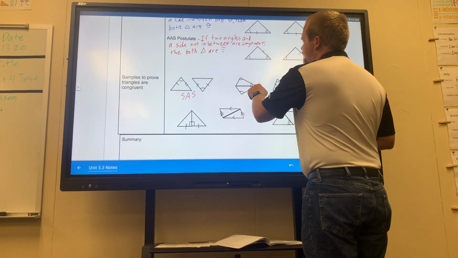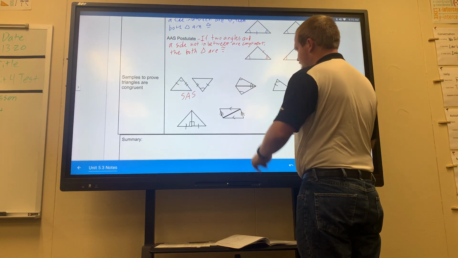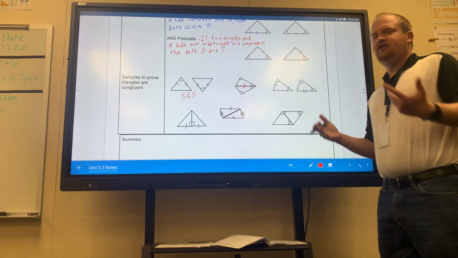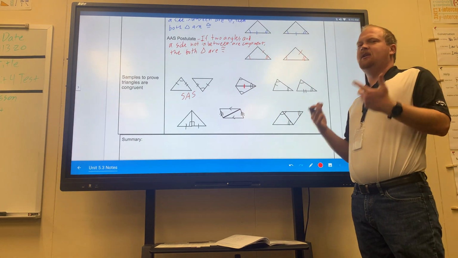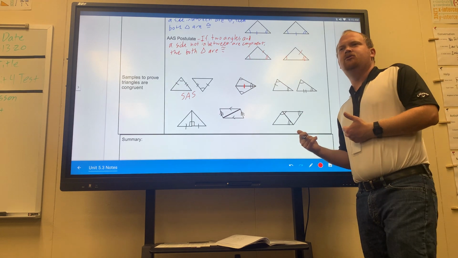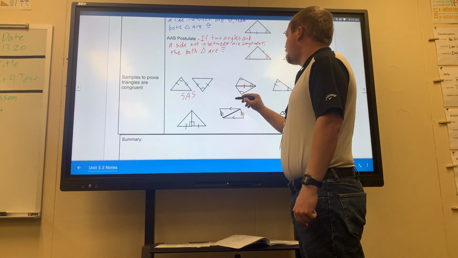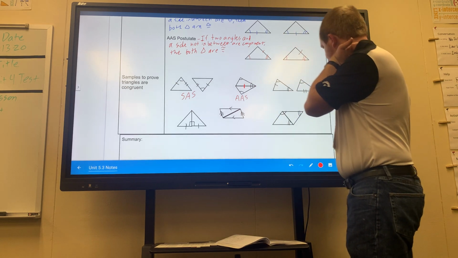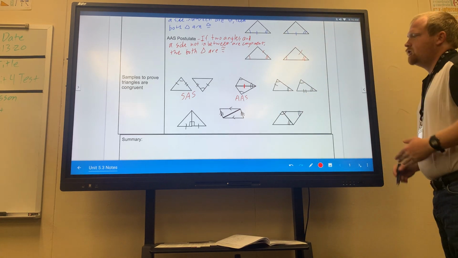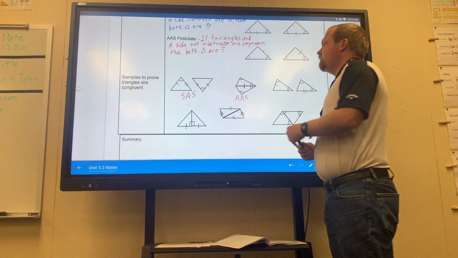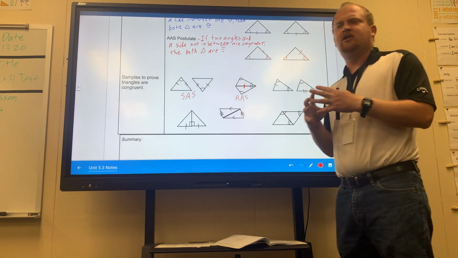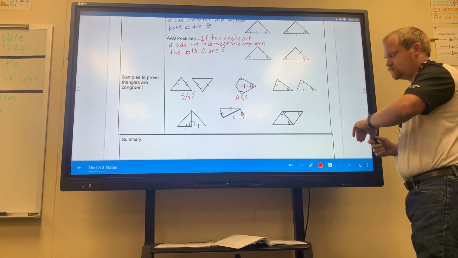But notice how this is the same line right here. Since they share the same common line, they're going to be congruent to each other. So I have angle, angle, side. So we can most definitely use the same side if they're actually connected to it that way.